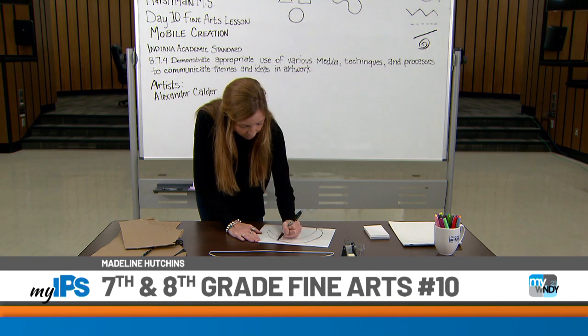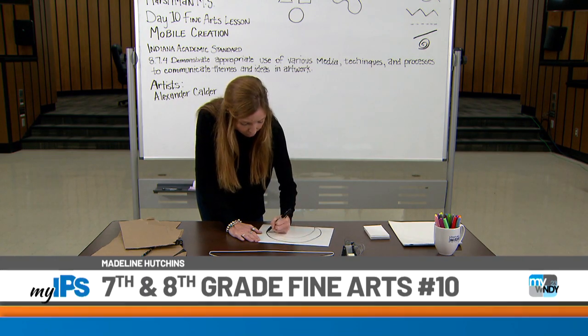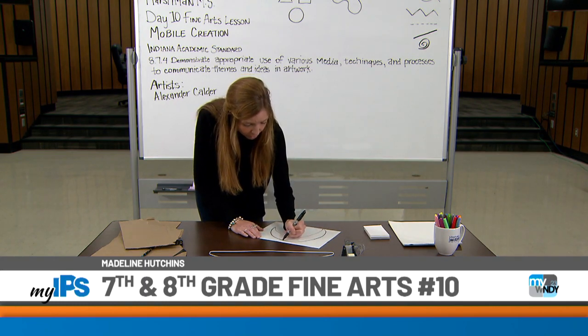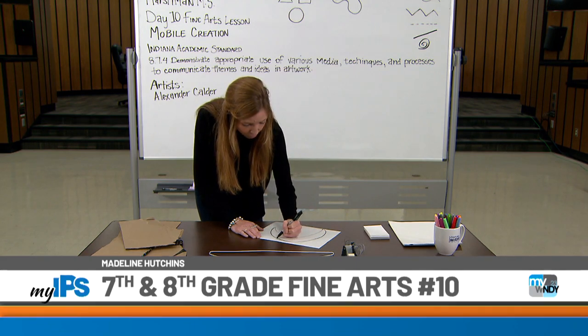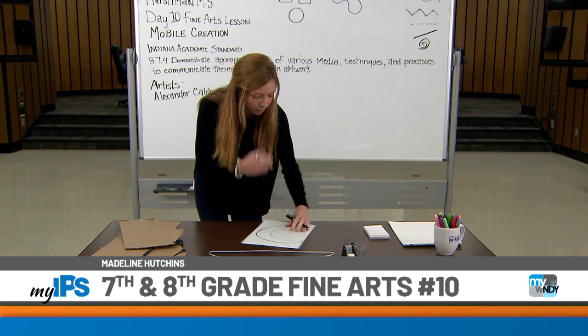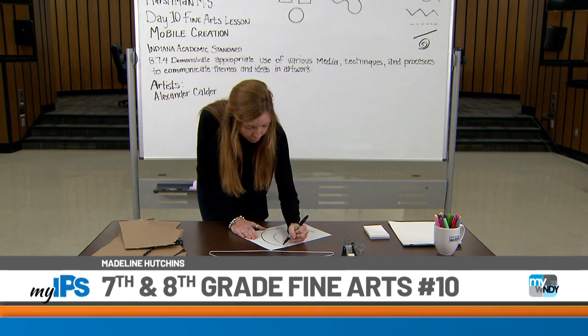And I'm going to cut this shape out. So first I've drawn it. I've determined what kind of material or medium I'm going to color it in with. I'm going to use markers.